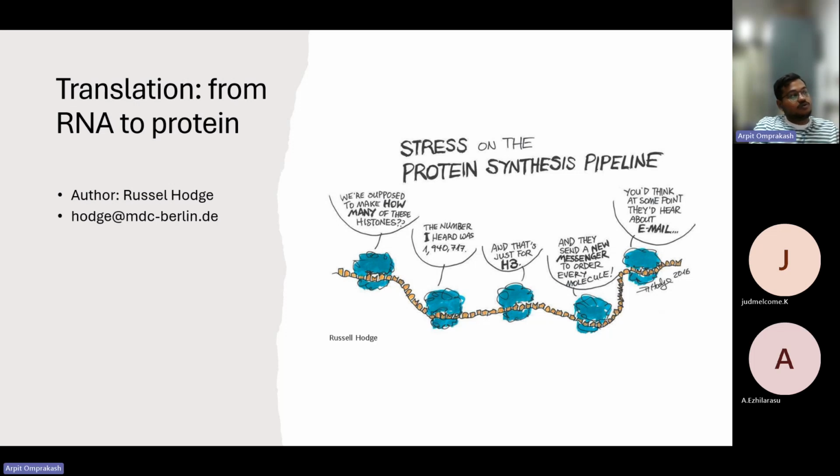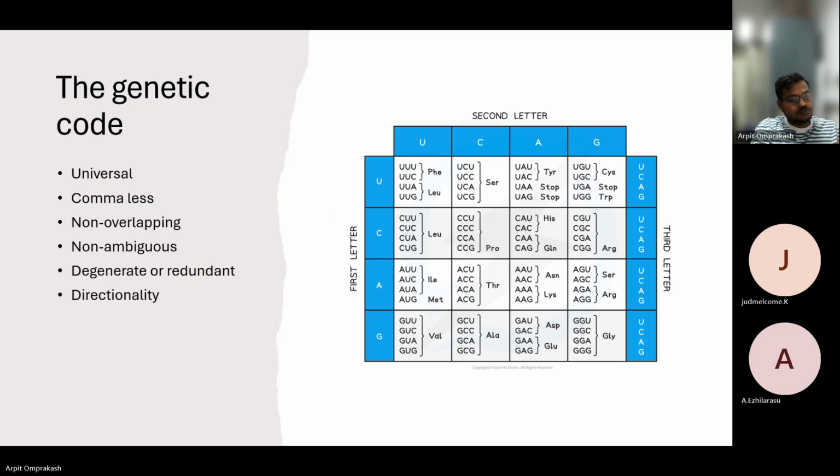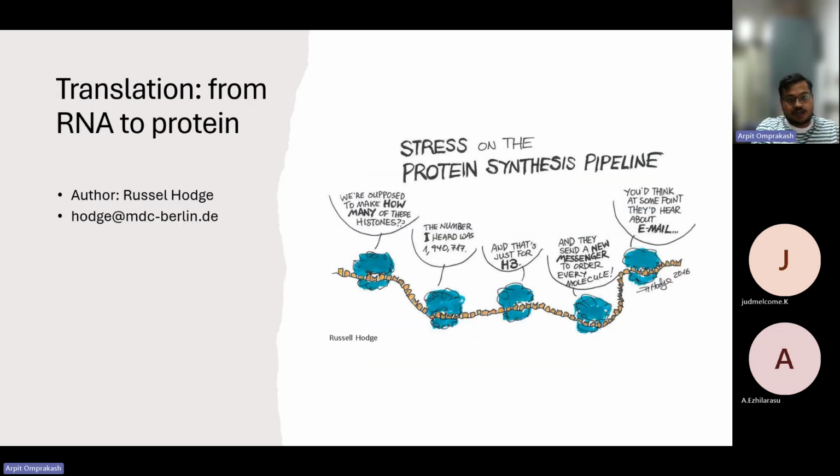So what happens in the process of translation? We have an RNA strand. Then we have some enzyme that's binding to it and producing a protein strand. So how does the RNA get made? From DNA to RNA is very simple because DNA is formed of ATGC. RNA has a UGC.